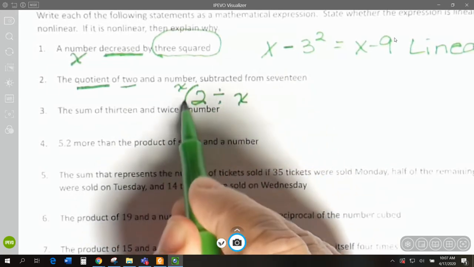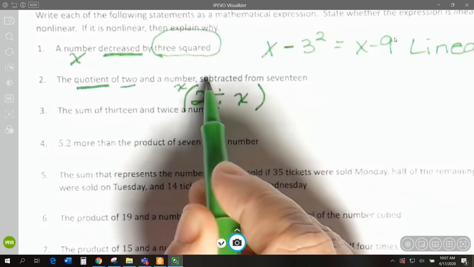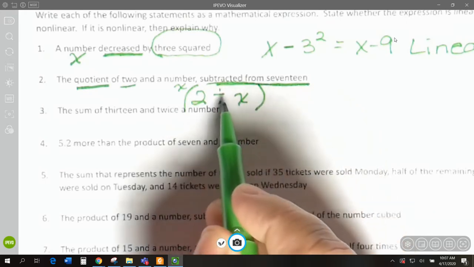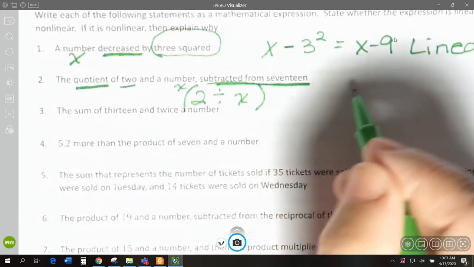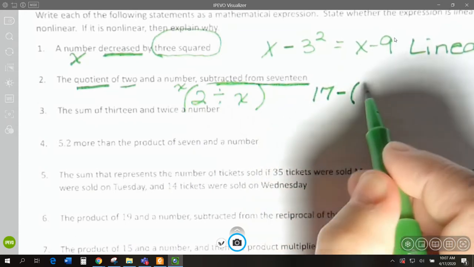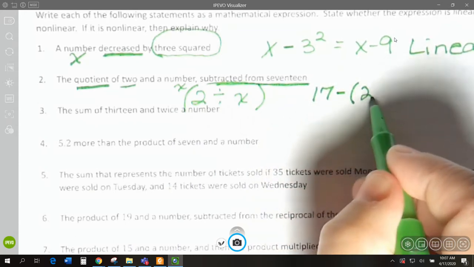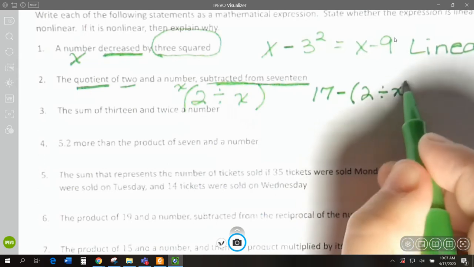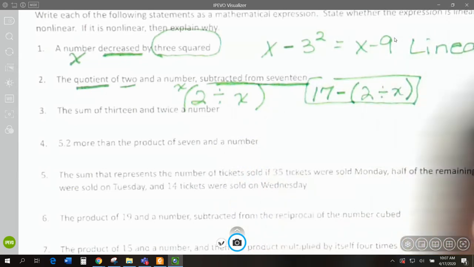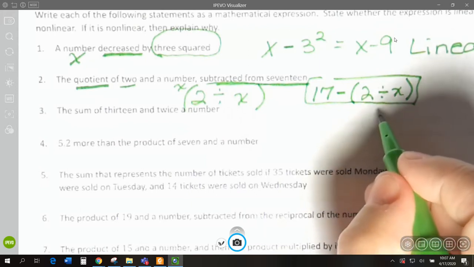And we're going to take this whole quotient and subtract it from 17. So we're going to have 17 and take this away from it. So this is going to be 17 minus the quotient of 2 and a number. Is this going to be linear or nonlinear? This is linear.